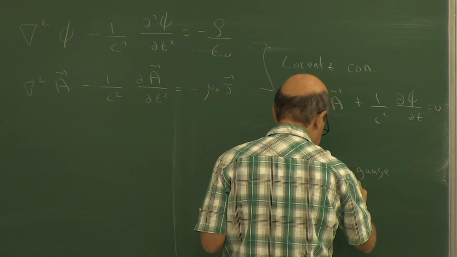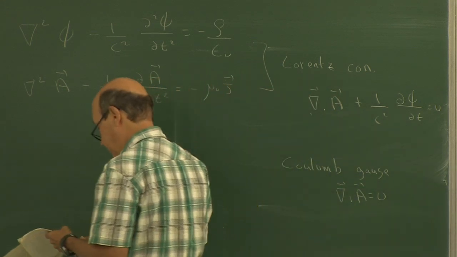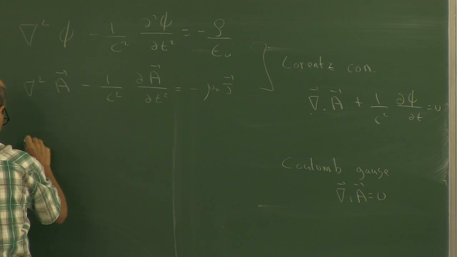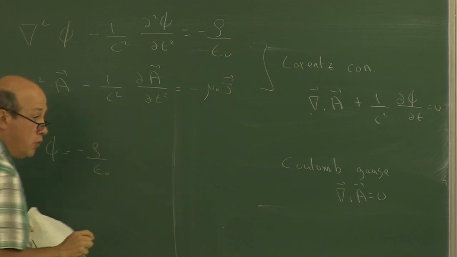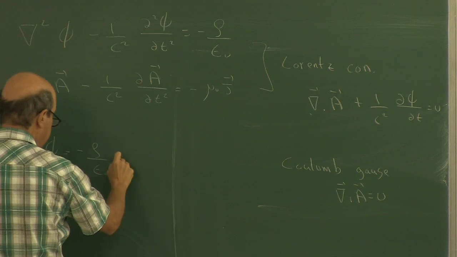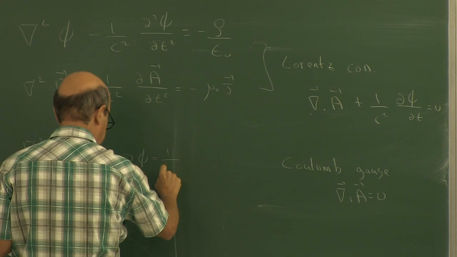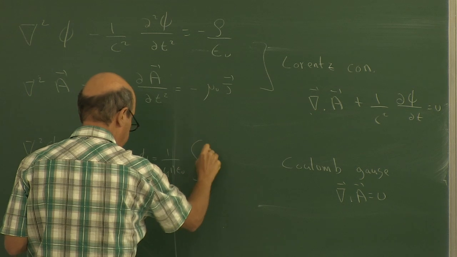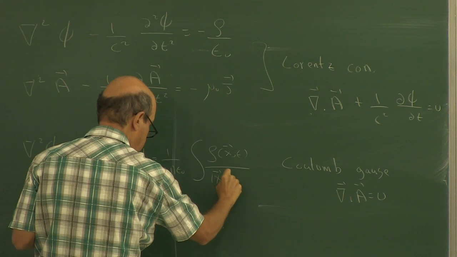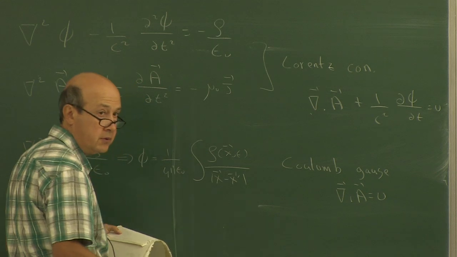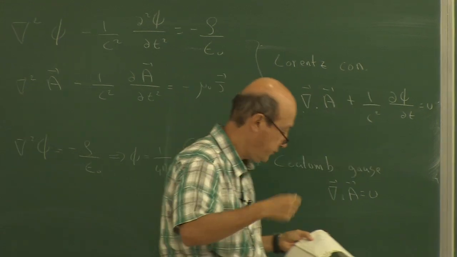the criterion is del dot A equal to 0, and this ends up as a Poisson equation, which we already know the solution of from the first part of the course. The scalar potential is 1 over 4 pi epsilon 0, charge density over magnitude of x minus x prime, integrated through the volume.